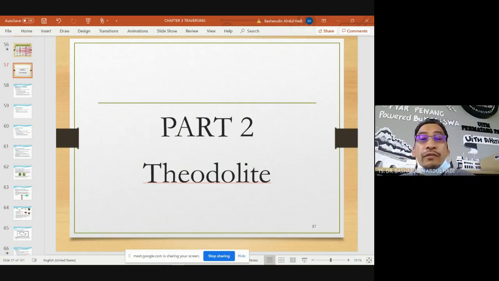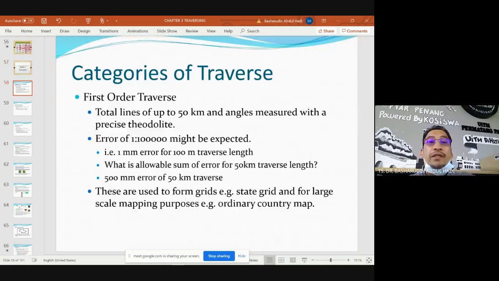Now we are going for part 2, the theodolite. Alright, when we go to the theodolite, first, this is the category of traverse.